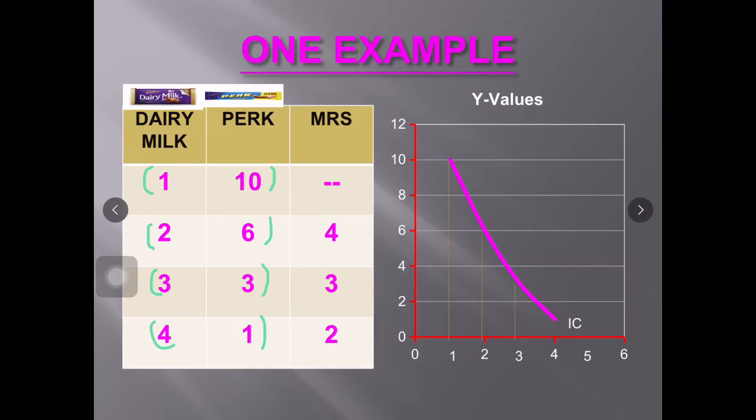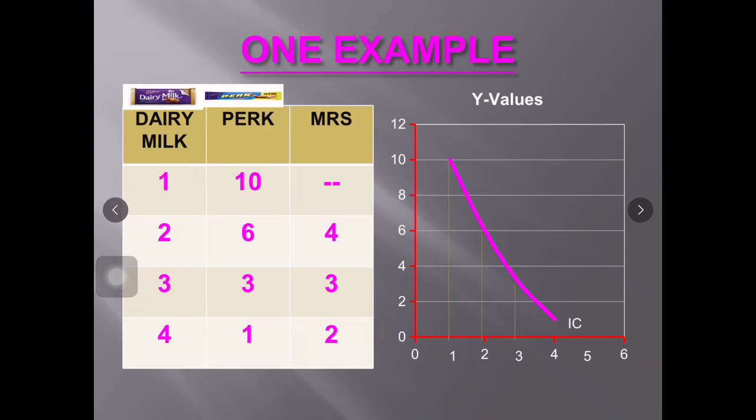From each of these combinations, that is 1, 10; 2, 6; 3, 3; 4, 1, the child gets the same level of satisfaction. That means the satisfaction from 1 dairy milk and 10 pork is equal to that from 2 units of dairy milk and 6 units of pork, and the same level of satisfaction is again derived from 4 units of dairy milk and 1 unit of pork. So this is known as indifference set.